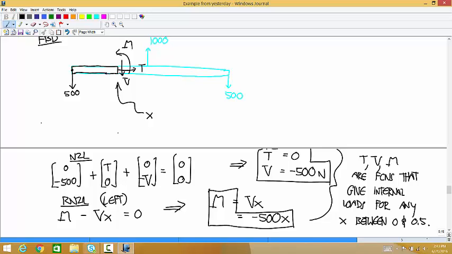Okay, so that means that if we plug 0.25 in for x, we should get what we got in the first example. These two have no dependence on x, so those work. And if you plug in 0.25 for x here, you get M is equal to negative 125, and that's what we got before.